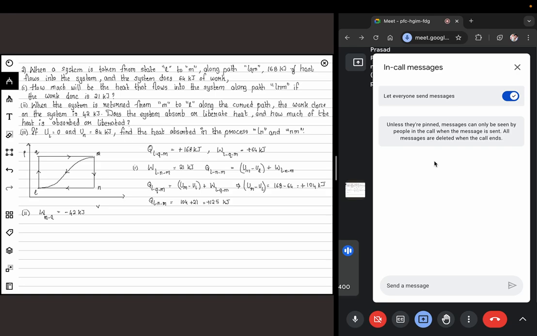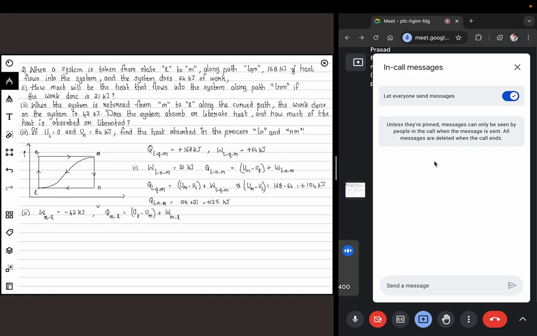You already know delta U. To find Q_ML, here the final state is L and the initial state is M, so delta U is given by UL minus UM plus W_ML.